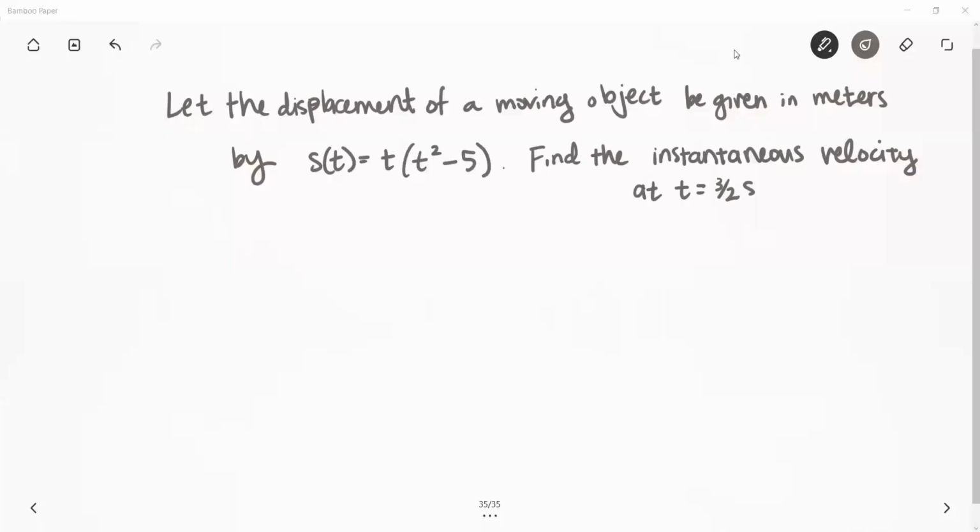All right, so I want to look at this question because you might already be familiar with this, but let's talk about it a little bit. There's also a separate video that goes into more detail about objects in motion. So you have a moving object, and you see words like displacement and velocity, and this is the time, right?